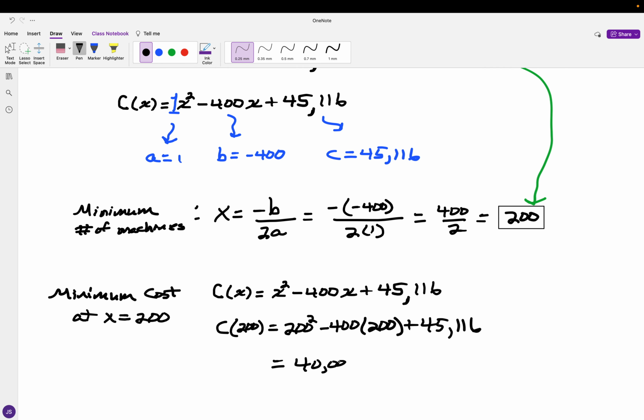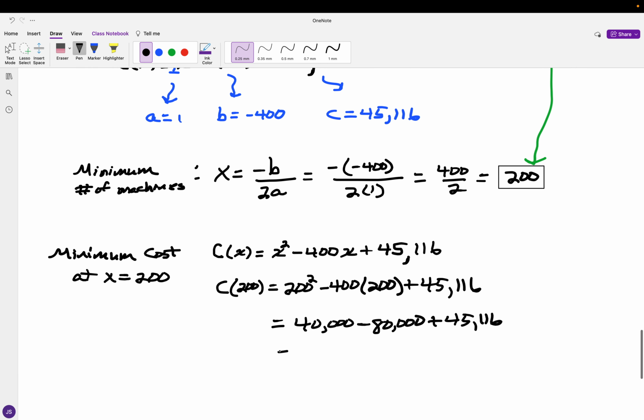And adding back in 45,116, it turns out that for the minimum cost, this would be $5,116.